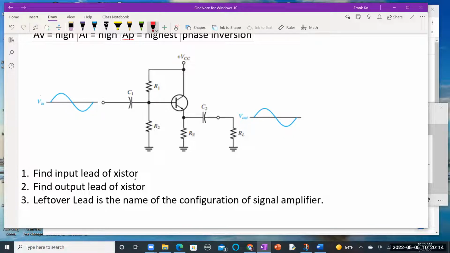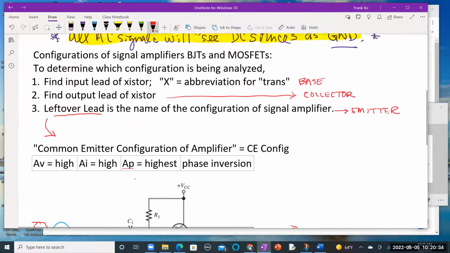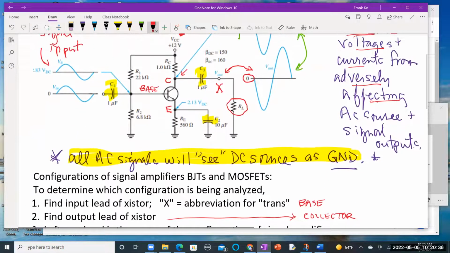Is there a signal here that's marked V in? And is there a signal on the right-hand side called V out? Remember, the input's on the left-hand side, going in, and the signal coming out is typically drawn on the right-hand side. So this is going into which lead of the transistor? Very similar to the one up above.